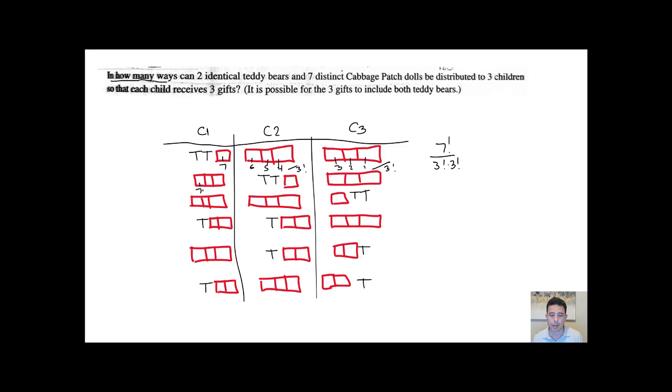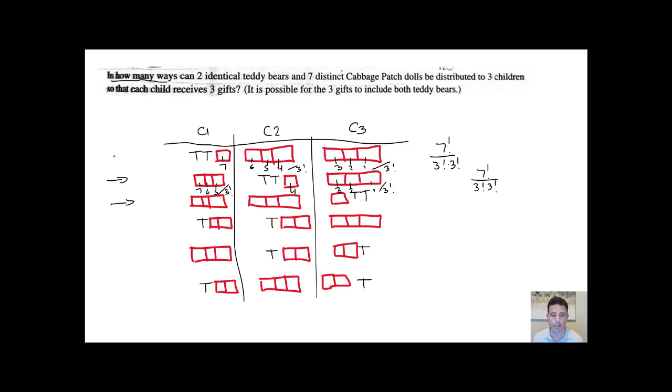Look at the second case. I have 7 possibilities here, 6, 5, 4 possibilities here, 3, 2, and 1. So the second case would be also 7 factorial, and then remember, divide here by 3 factorial, here by 3 factorial. So same thing. Now look at the third case.